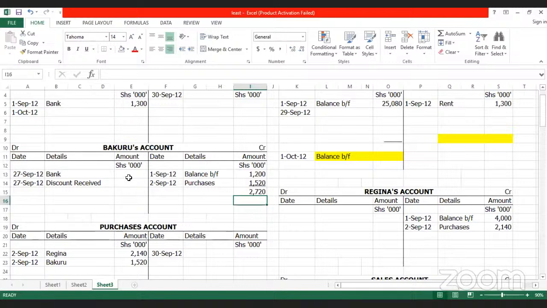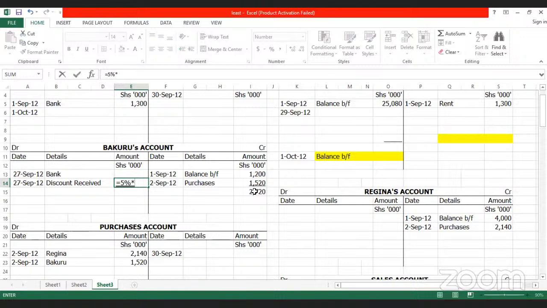So they have told us that Kabate is paying by check with a discount of 5%. Let me first get the discount. The discount is 5% times what Kabate is supposed to pay, that is 2,720,000. The discount is 136,000, meaning that Kabate is paying Bakuru 2,720,000 less 136,000.